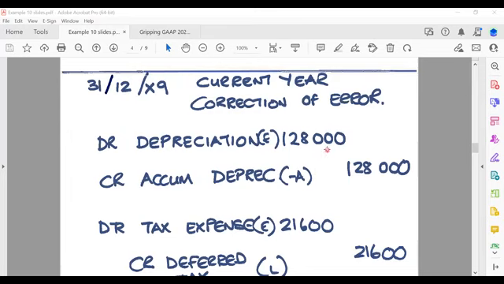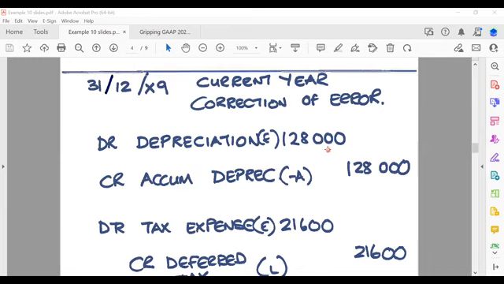Okay, now we need to ask ourselves, we've brought the asset into our books. We've provided for depreciation for the current year. Now in the current year, is there any tax impact still left over? So in the current year, we're going to ask ourselves, what is the tax impact going to be for this depreciation?